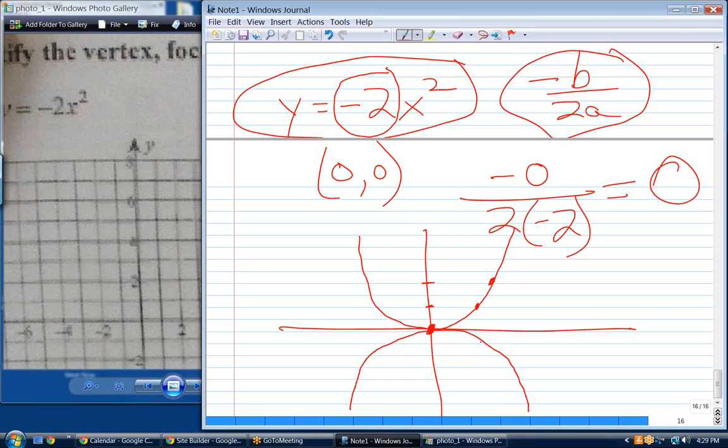Whatever the Y value was going to be, I'm going to multiply it by -2, and it's going to be on the other side of the axis. The negative sign acts as a reflection over the x-axis, and the 2 makes it skinnier. So instead of the normal wide parabola, you would have one twice as skinny, like that. Okay?